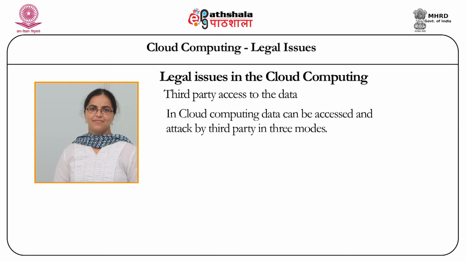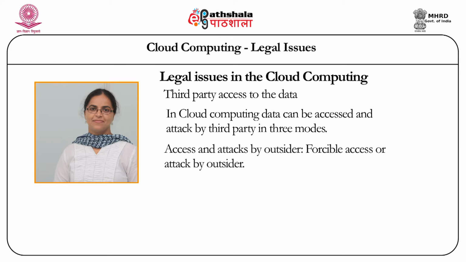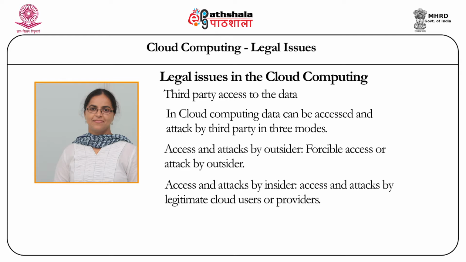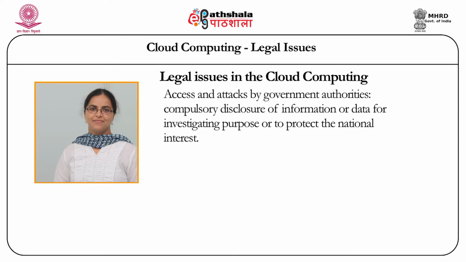Sometimes the entire cloud can be hacked by hackers, or the data can be accessed by an outsider. Sometimes it can be accessed by an insider, and sometimes, without the knowledge of the customer, government authorities can access the data, like what happened in the National Security Agency PRISM scandal recently in the USA.